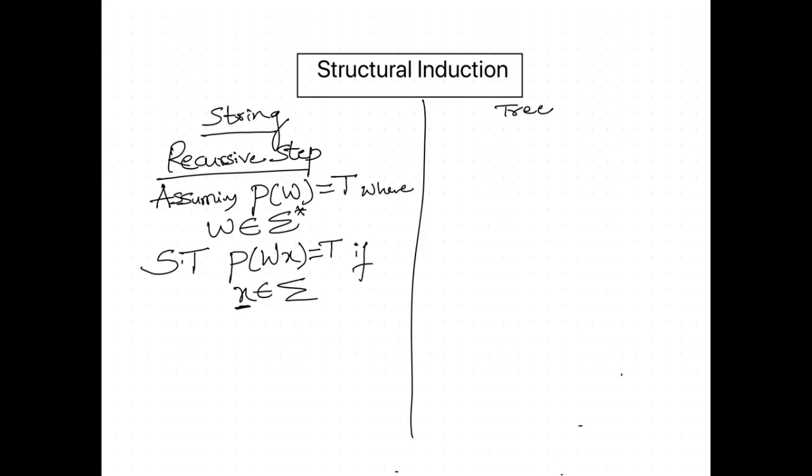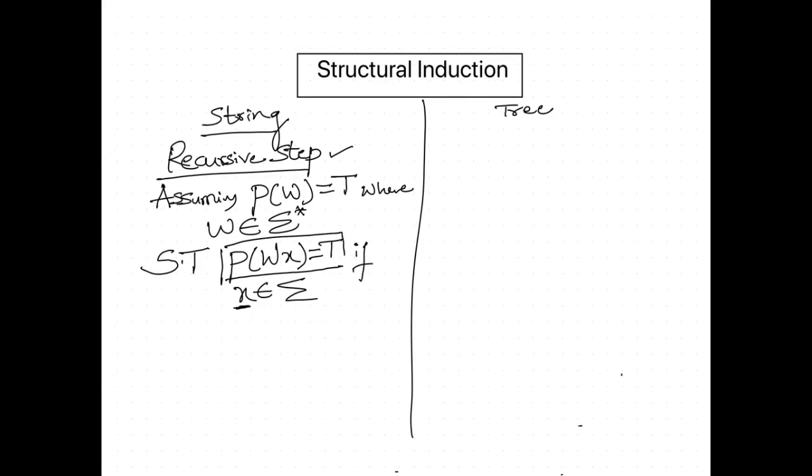Alphabet means A to Z is an alphabet, right? In that alphabet, A is a symbol, like the way x is a symbol in a given alphabet. So to verify the recursive step, I want to show P of Wx is equal to true.